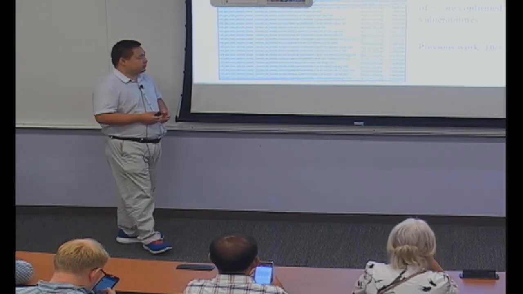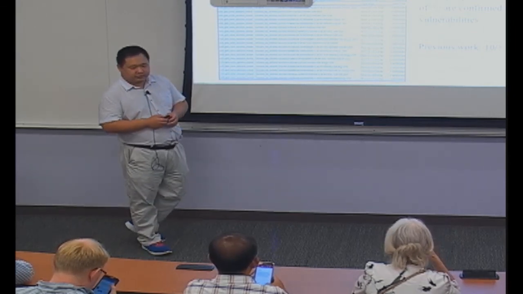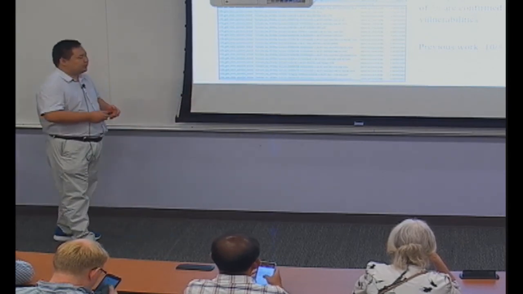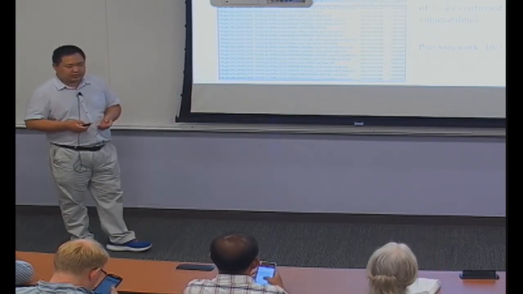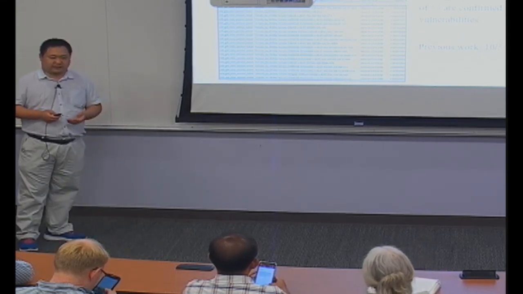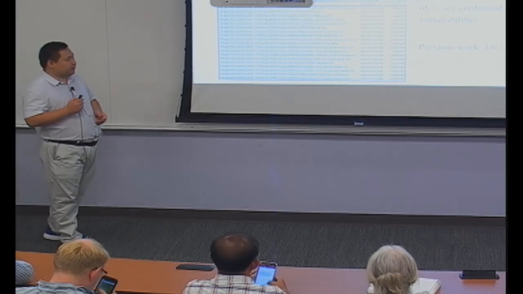However, using our approach, we can confirm that over 42 out of the 50, that is over 80% accuracy, can be confirmed as a true vulnerability. So this demonstrates that our approach is also much more effective than previous work.